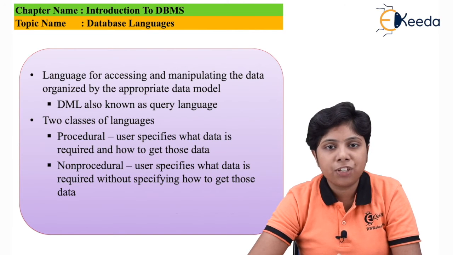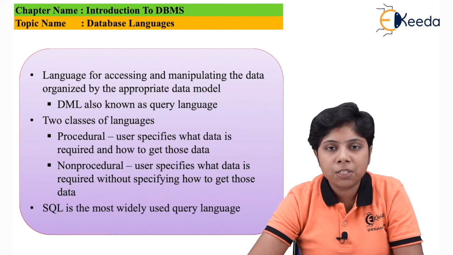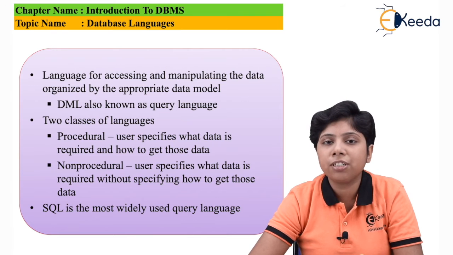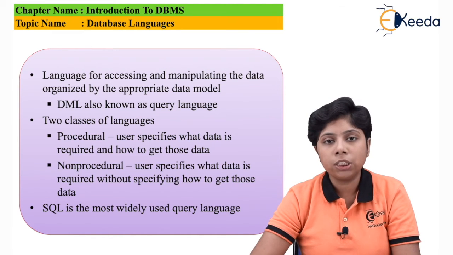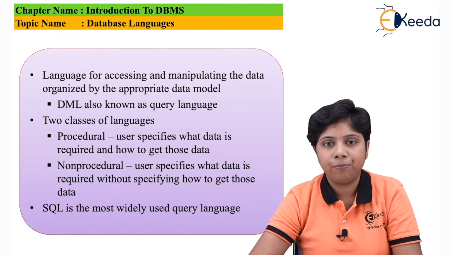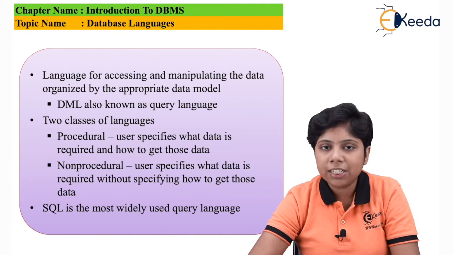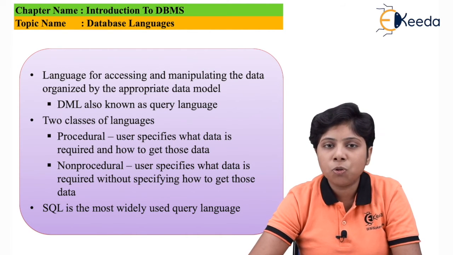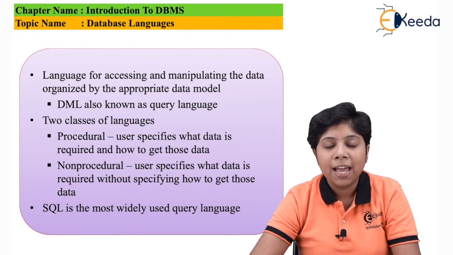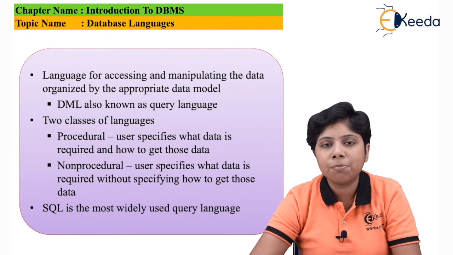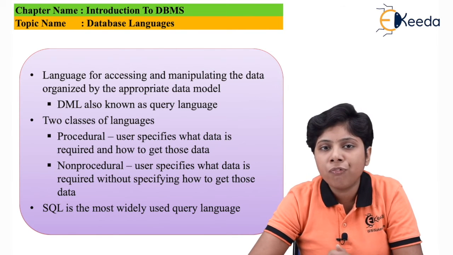In a declarative DML, the user needs to specify what data is to be fetched, but not how to fetch that data. So obviously the declarative DML is much easier to learn and use than the procedural DML, as we can leave it to the database system to decide how to fetch the data.